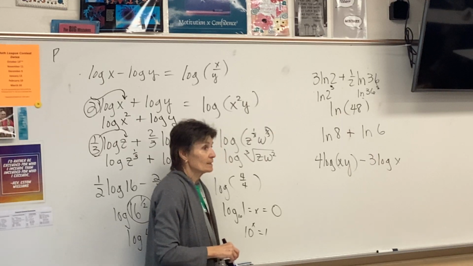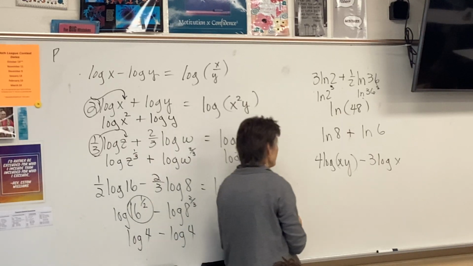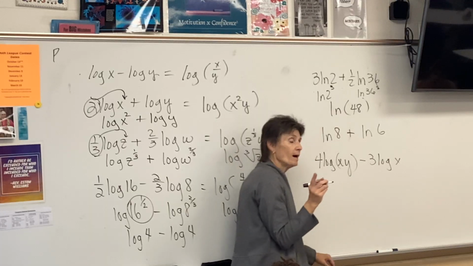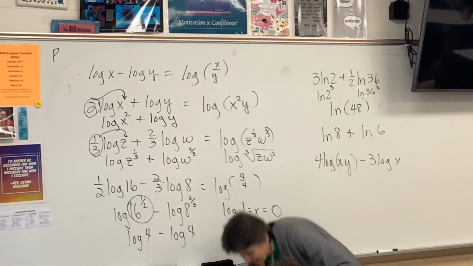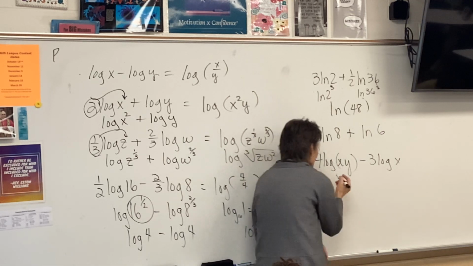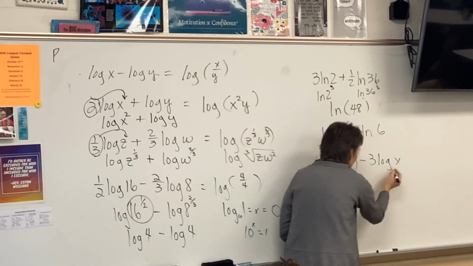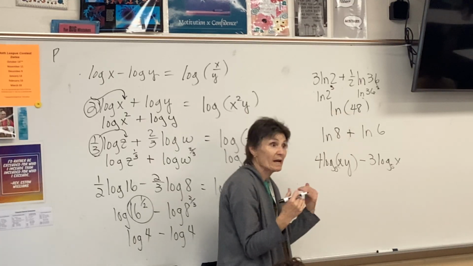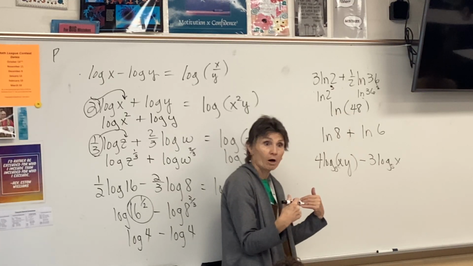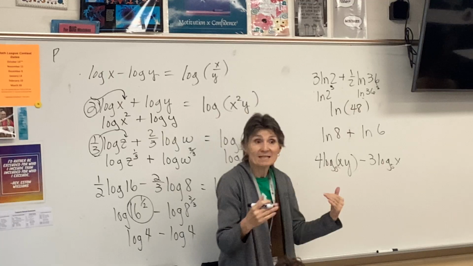All right, here we go. Last one. Now, one more comment, just to make sure that we're not confused. If there had been, let's say, a base 5 on here, nothing would change, except your answer then would be log base 5. The base is irrelevant.